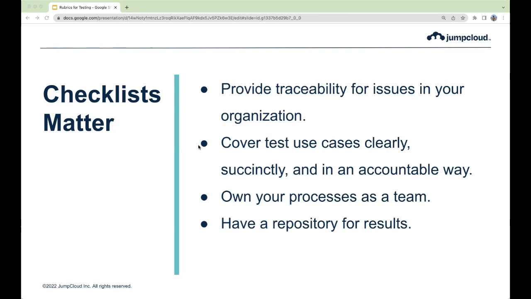The other part that's really important about a rubric is that you have processes that you own as an IT team, whether you're a team of one or a team within a team, that this is a process that you can own from end to end and that you can use to provide a repository of results that your end users will trust, so that they can know, yes, this has been through 2 layers of testing before it has arrived down at the end user.